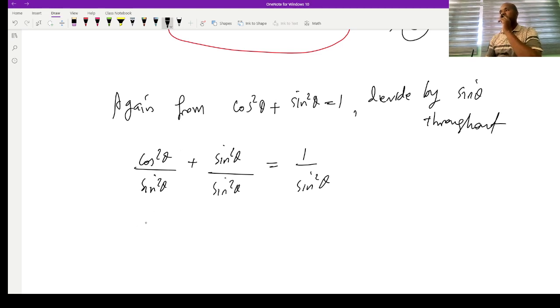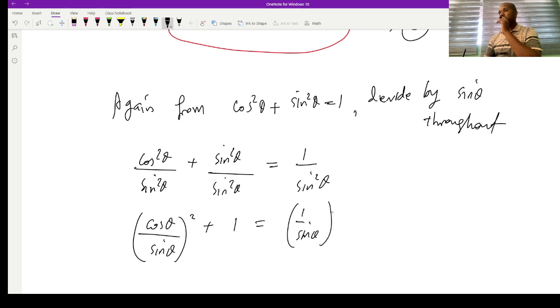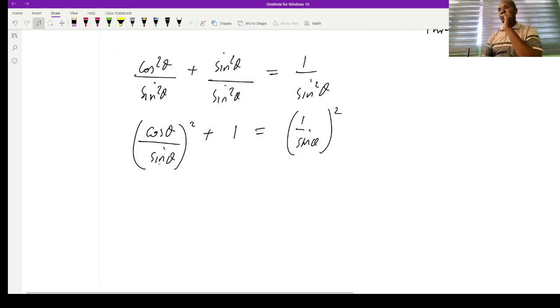With normal division now, you'll be having (cos theta over sine theta) square plus 1 equals 1 over sine theta square. So we have seen this identity, and we remember that this was cot theta, and this is cosec.